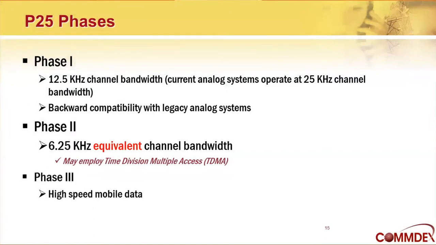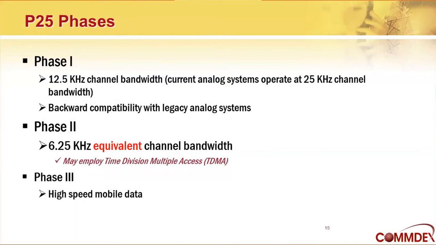And as we mentioned, the first one that came out, it wasn't called phase one, but when it first came out, which is now known as phase one, the standard called for a 12.5 kilohertz bandwidth and interoperability with analog systems that were operating at 25 kilohertz bandwidth. So it had to have backward compatibility.